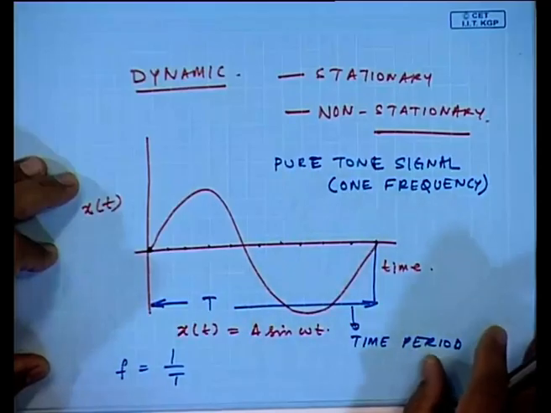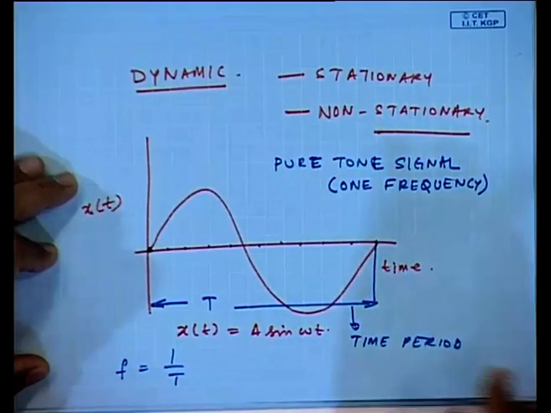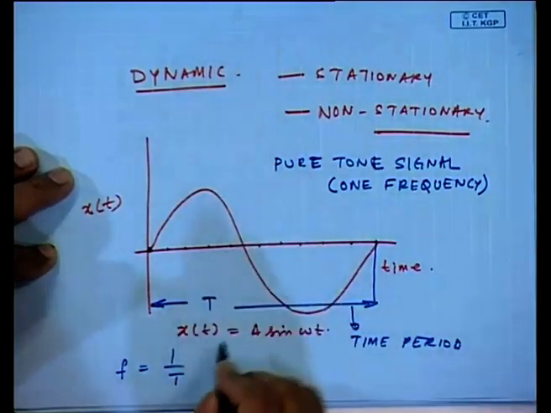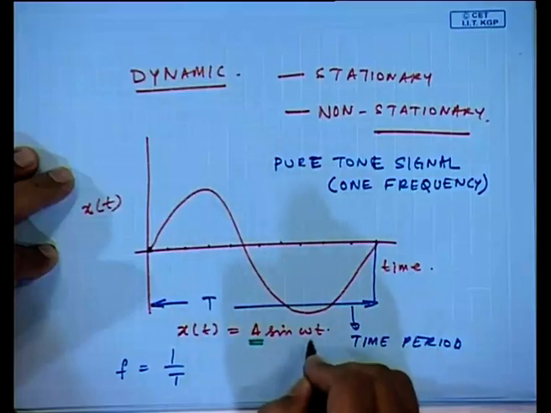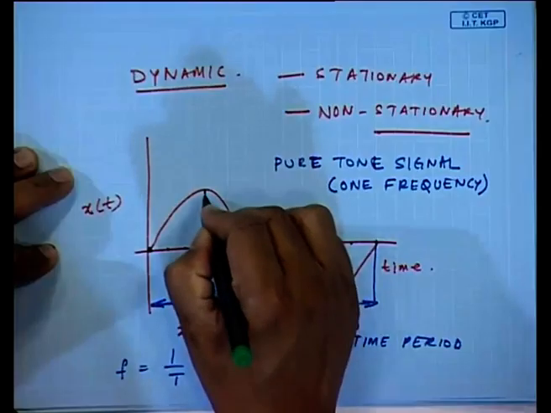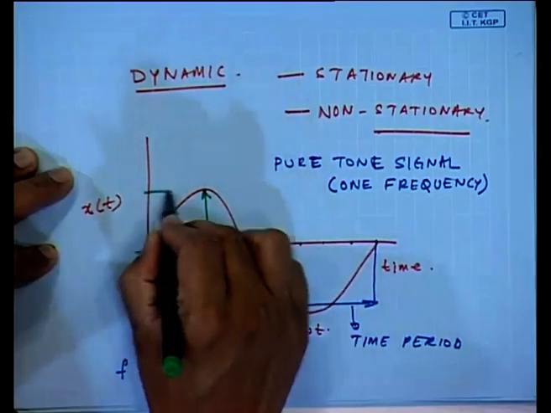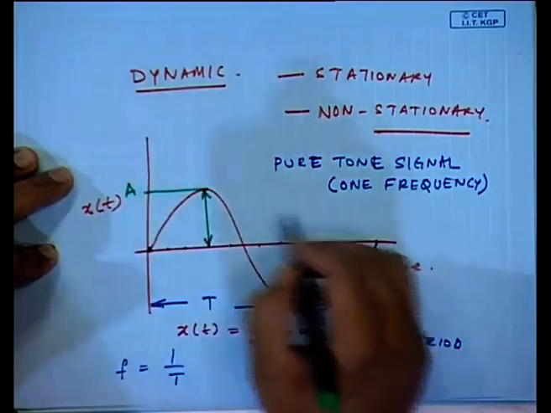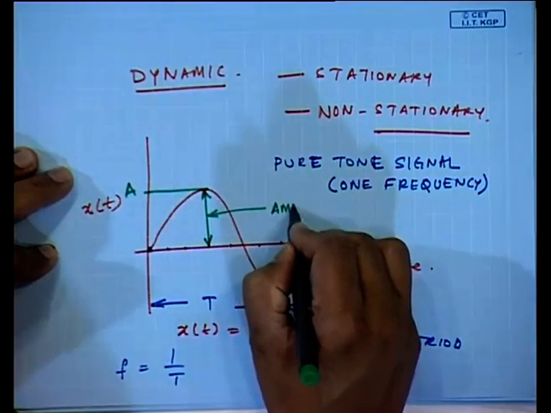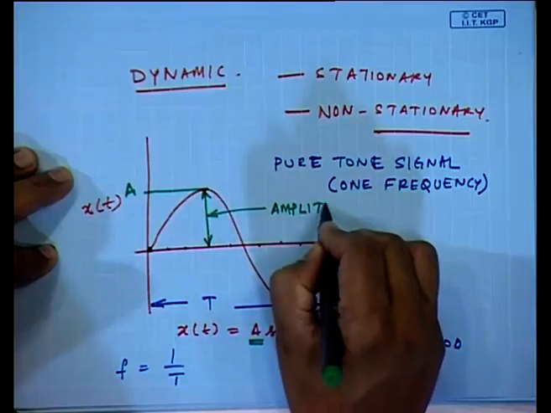So, this is a pure tone signal, and you see here A sin omega t. So, what is A? A is this amplitude. This value is A, and it is known as the amplitude of the signal.